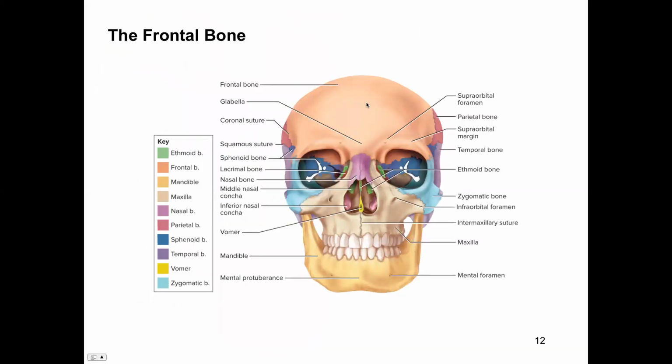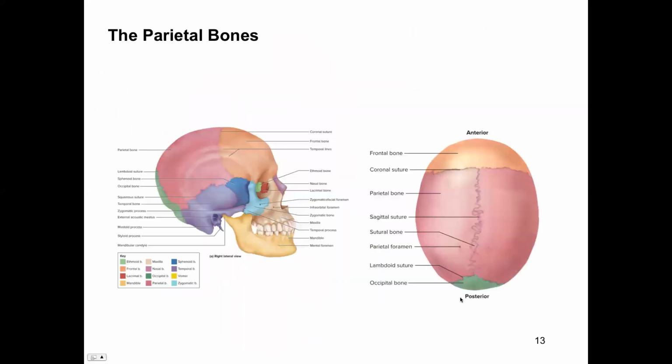So here you can see this frontal bone, and then you can sort of see that we have the 2 temporal bones, one on each side, all right? And the same thing with the parietal bone. Okay, now, so here again, these parietal bones, here you can see them from the top.